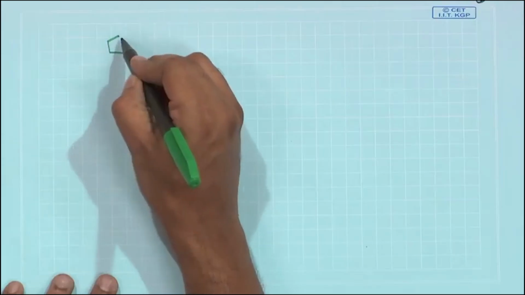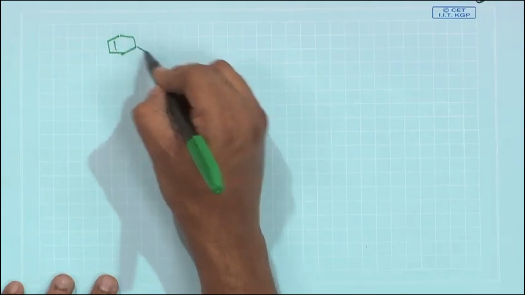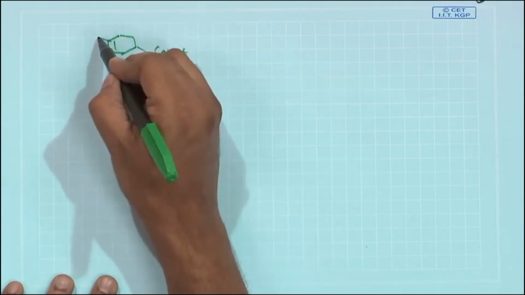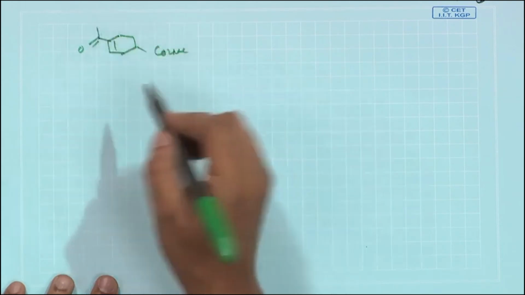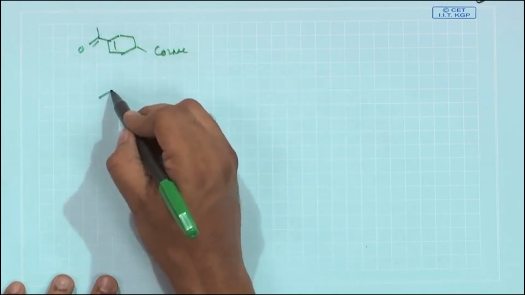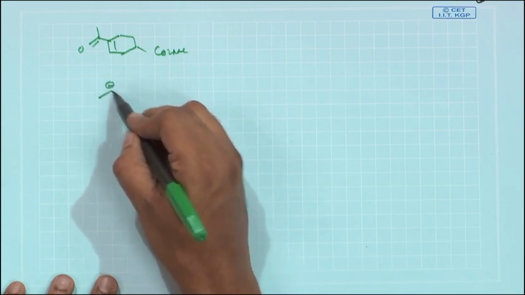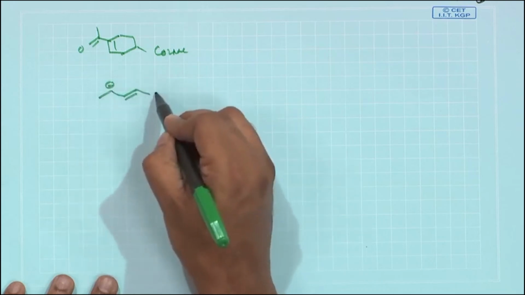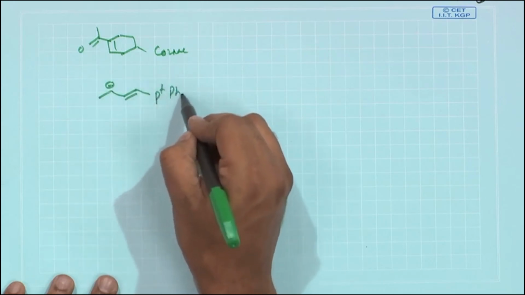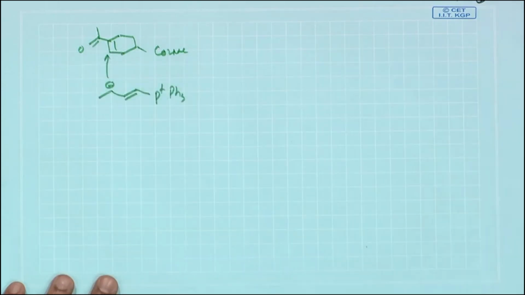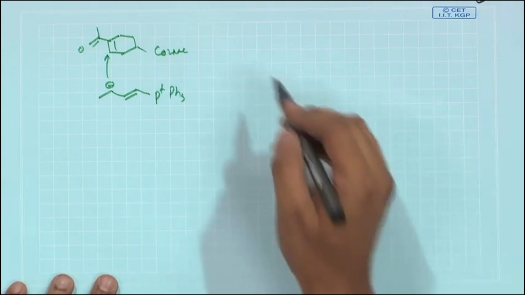So, initially I will take intermediate 1, or intermediate A. Intermediate A has this structure: CO2Me, MeCO, Me. Your Wittig ylide, as I said, has this resonance structure, P plus Ph3. Initially I said this goes in a Michael fashion.